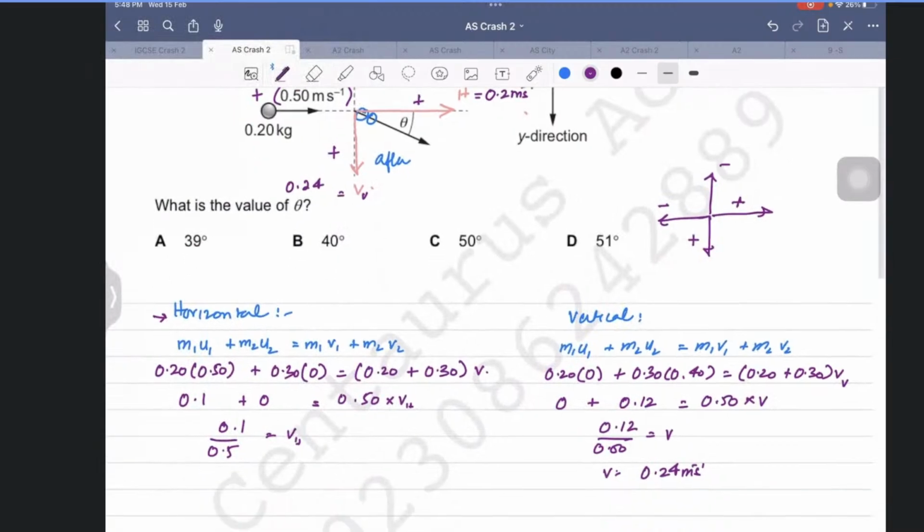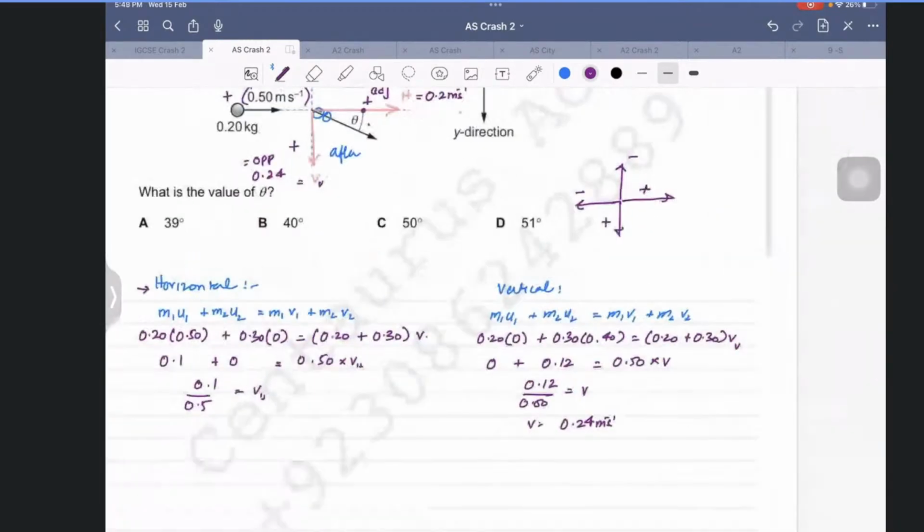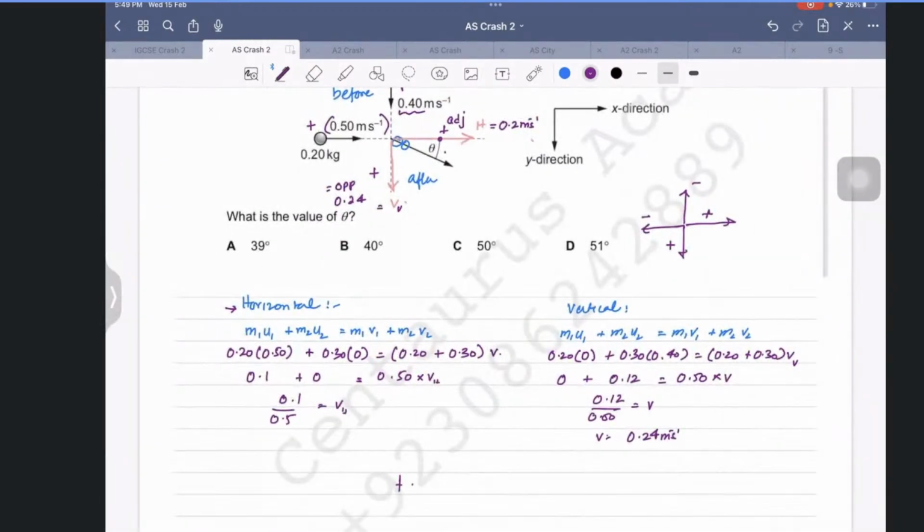Because I need this angle, and this angle is next to this vector, that makes this vector adjacent and this vector opposite. So I'm going to just use tan theta. Tan theta is equal to perpendicular, or the opposite, over the adjacent, which is 0.2, and then tan inverse of 0.24 over 0.2.